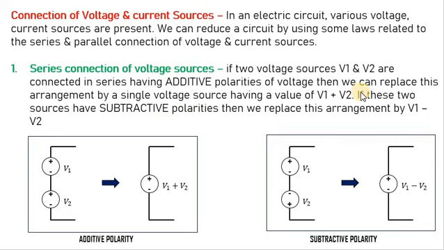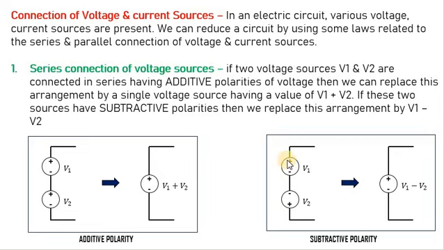So that will be called additive polarities. What we can do is replace this arrangement by a single voltage source which has the value of V1 plus V2. So this whole branch can be replaced by a single voltage source of value V1 plus V2. And if the two sources have subtractive polarities, subtractive polarity means if you go in a certain direction, for one voltage source you will go from plus to minus, but for the other one in the same direction you will go from minus to plus.